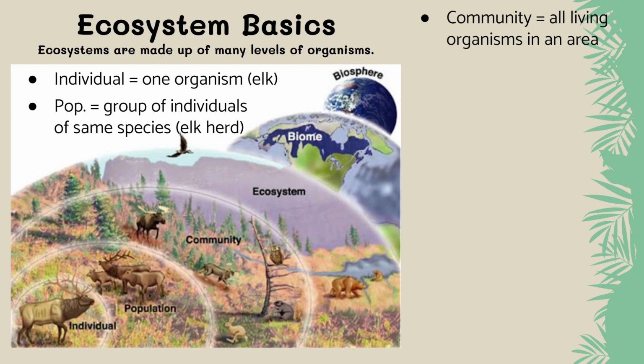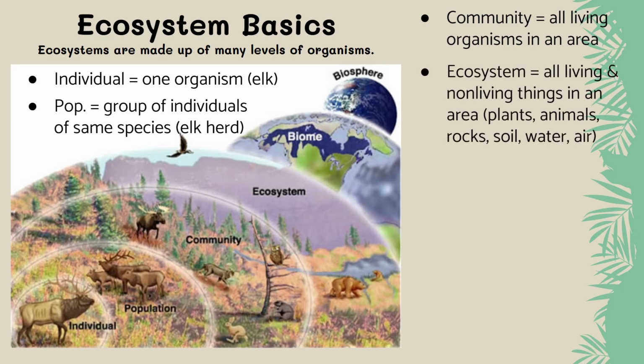Then we have the ecosystem. The ecosystem is where we add in the non-living components as well, which we call the abiotic components. These are things like rocks, soil, and water. They interact with the living things in the ecosystem, and those two together, living and non-living, biotic and abiotic, are all the components when we're talking about an ecosystem.